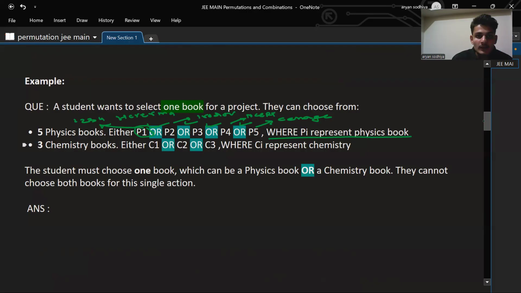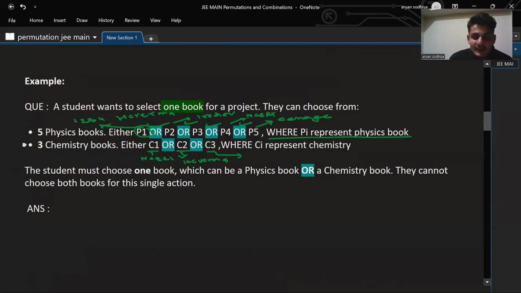And here, three chemistry books are there. Let's say this is NCERT. This is SC Verma. Although there is no SC Verma for chemistry, still, I don't know if they have published a new one.